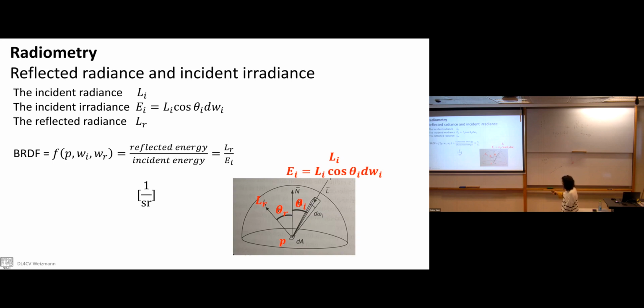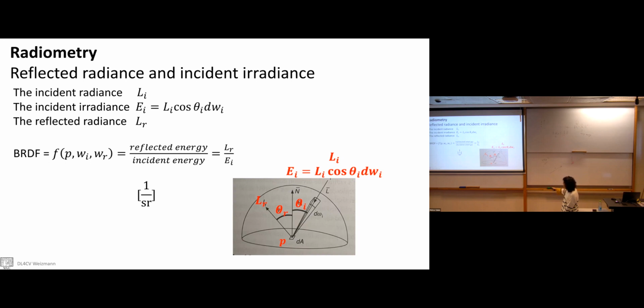So this is the incoming light, and this is the outcoming light. If I have some radiance falling from this direction, I'll call it Li, then the surface encounters Li times cosine theta I times dWi.